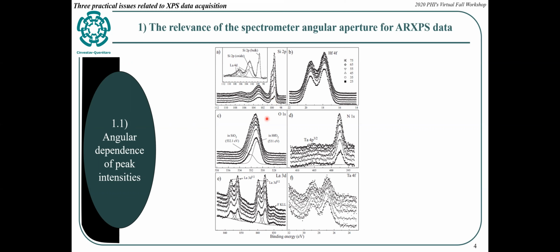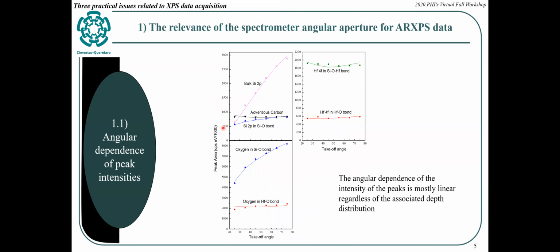the angle. So what we do, we analyze the data, peak fit, and then assess the area of each one of these peaks, and then plot this area that we call peak intensity as a function of angle.